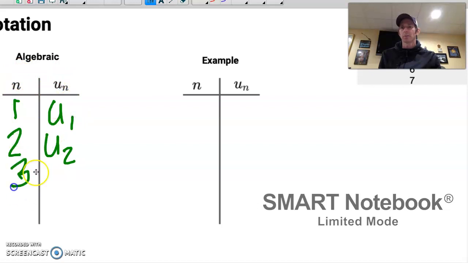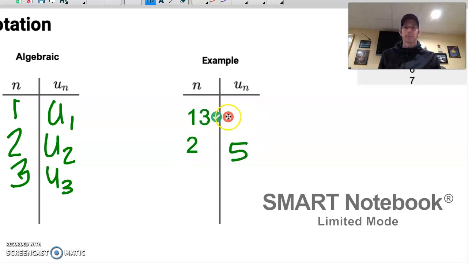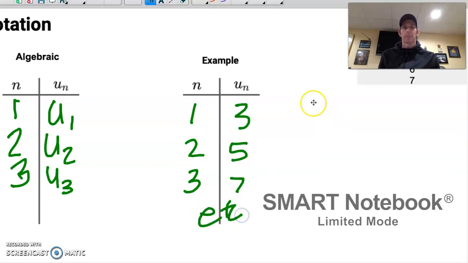If you put in your third term, third value would give you your third term. So an example a minute ago, we had 1, and I believe it gave us 3. We put in 2, the second term was equal to 5. The third term was equal to 7, etc.